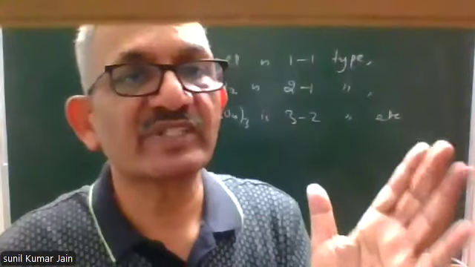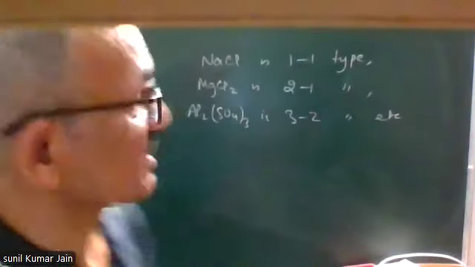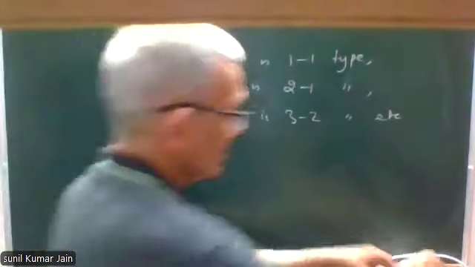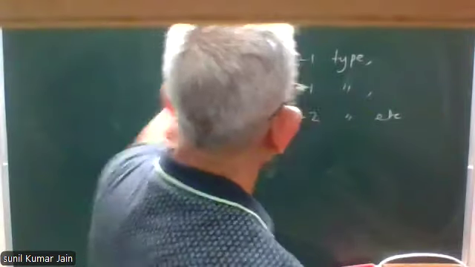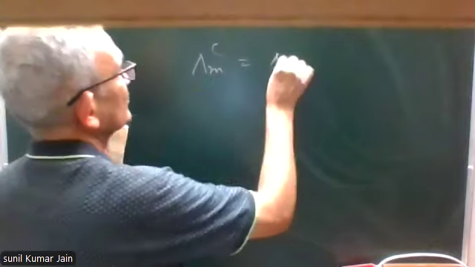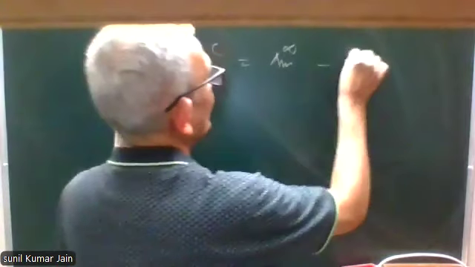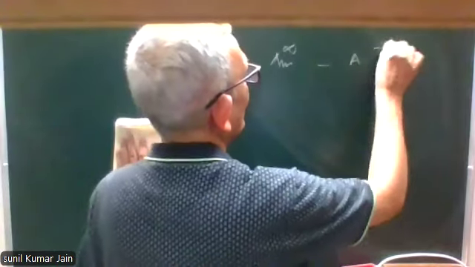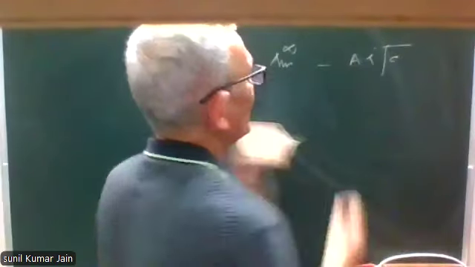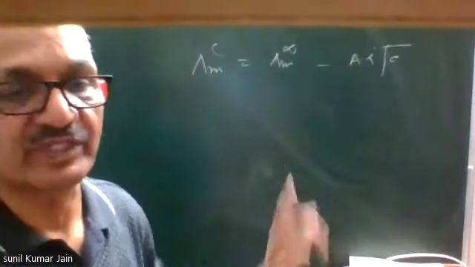You know, the straight line equation is y is equal to mx plus c. The Debye-Huckel-Onsager equation is also a straight line equation.